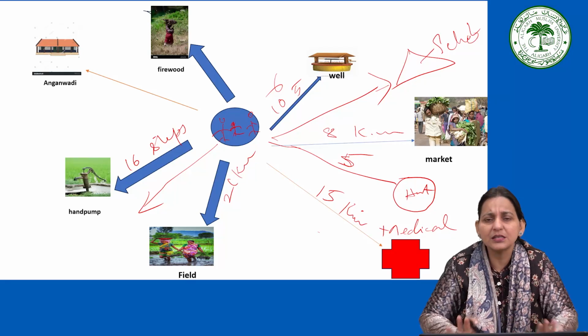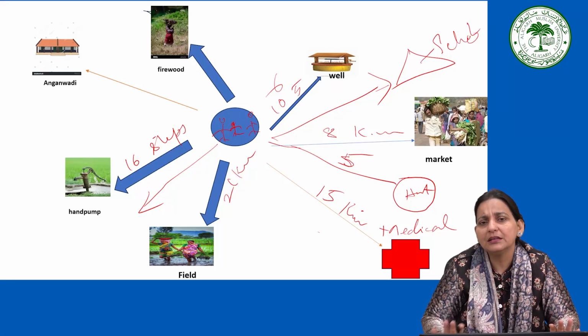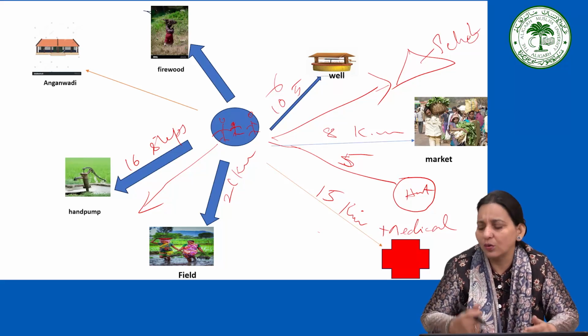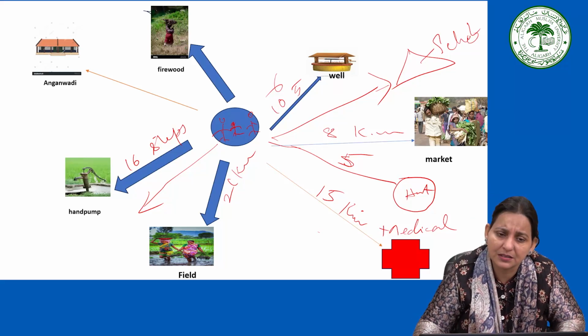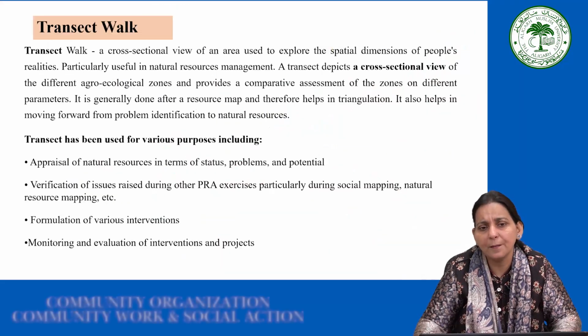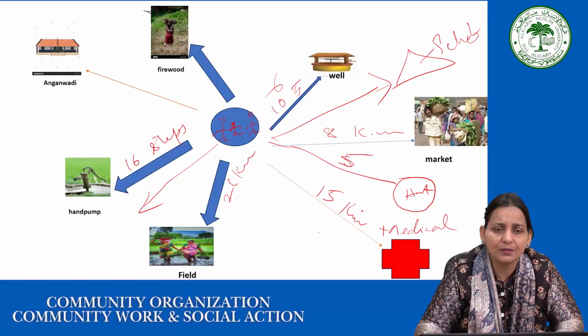So after this analysis, you can develop these kinds of suggestions with the help of the community members themselves, based on what they actually want. So this is all about mobility mapping.